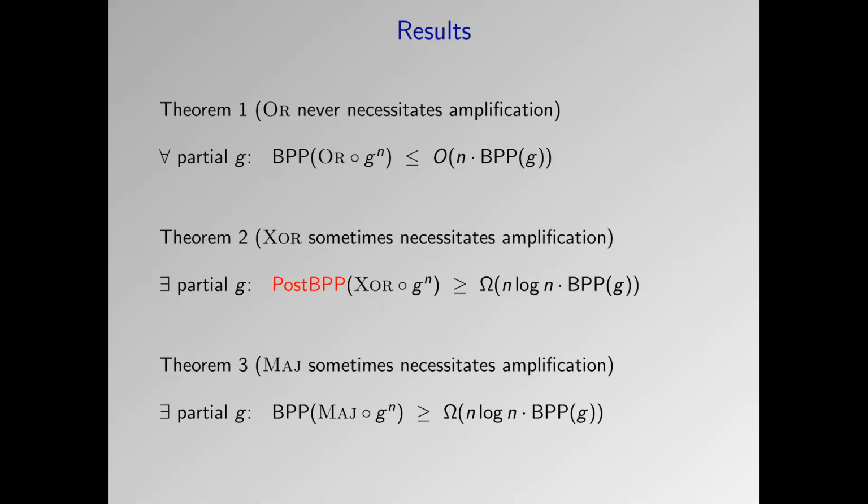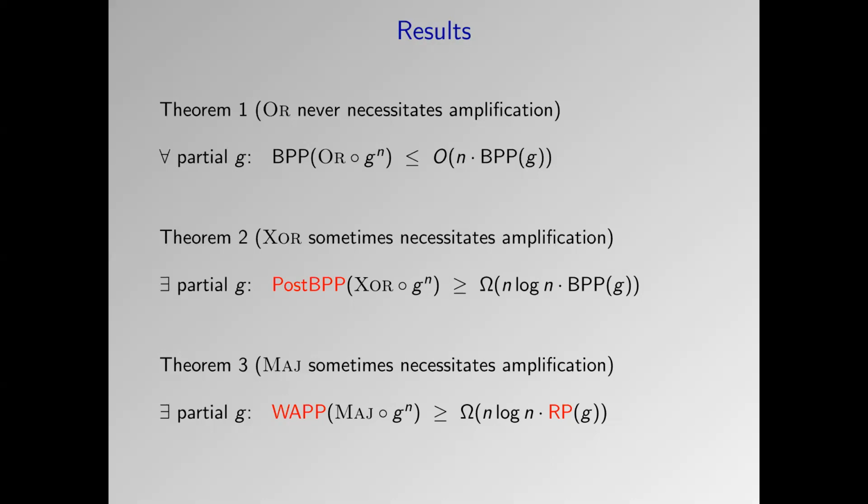Post stands for post-selection, which is just a fancy word for this conditioning. For the majority result, we get a lower bound for so-called WAP, which despite the exotic sounding name is actually equivalent to a simple and standard query complexity type measure. I'll say a little more about that later. Also, the proof of theorem 3 is stronger because we handle RP on the right side. RP corresponds to one-sided error randomized query complexity.